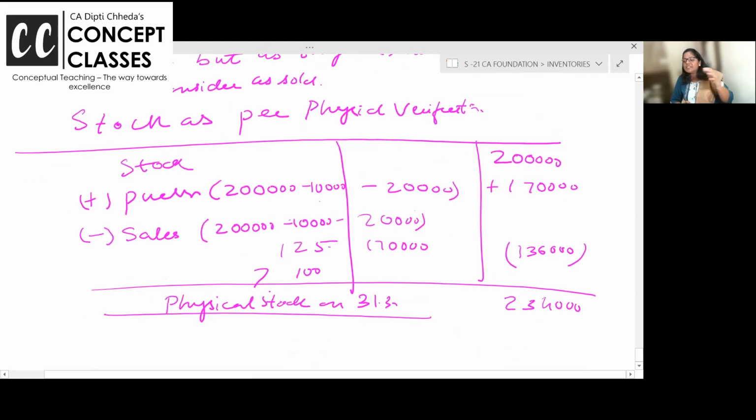And the difference is because of these two. Goods are purchased but received late. Goods are sold but dispatched late. So if nothing is given, you take it as a part of purchase and sale in exam. But if they ask you stock as per physical verification, then you will not take it. Nice, clear to all of you? Okay? Let's go.